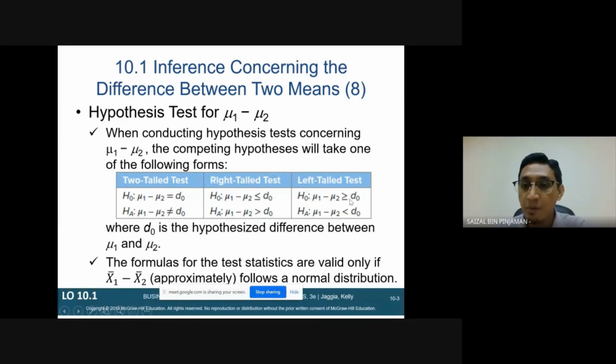Normally we assume the hypothesized difference as equal to 0, and you will be able to tell the hypothesized difference based on the statement that you have in the question.